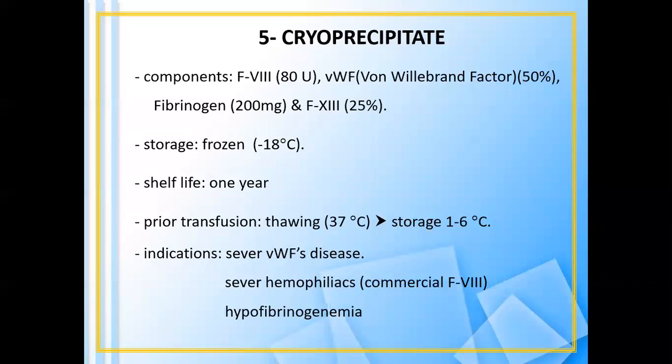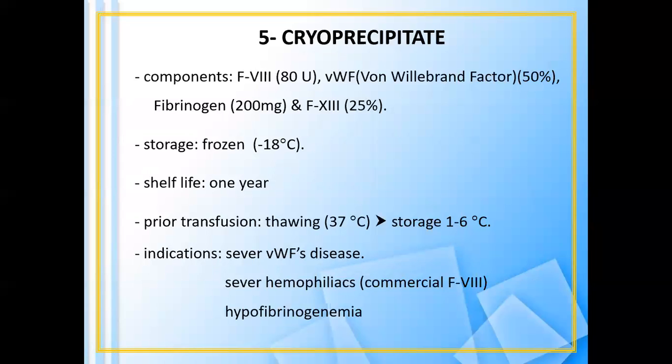It has around 80 units of factor 9, 50% of von Willebrand factor, fibrinogen at around 200 milligrams, and about 25% of factor 10. Cryoprecipitate is a blood component that has all these components.